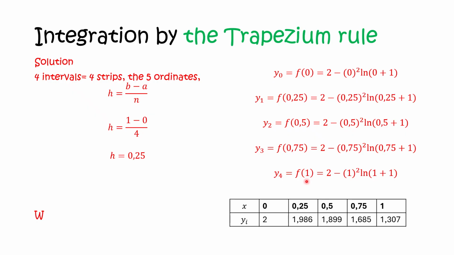In computing this, we are going to come up with a table of this nature where we have the x values from 0 to 1, taking a step size of 0.25. And the yi's will be given by what we have computed here. So the first one is a 2 up until we get to 1.307. And recall, the i is from 0 to 4 in this particular question. Why? Because we were asked to use 4 strips or 4 trapezia.